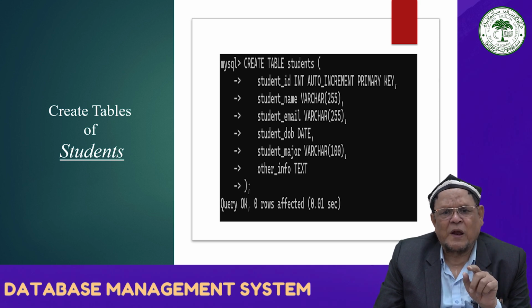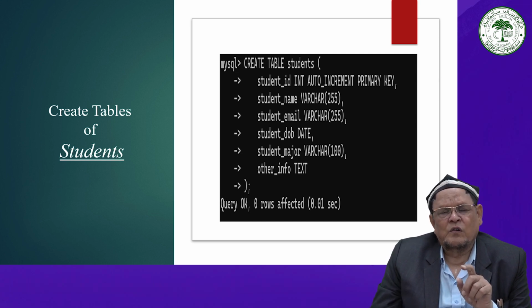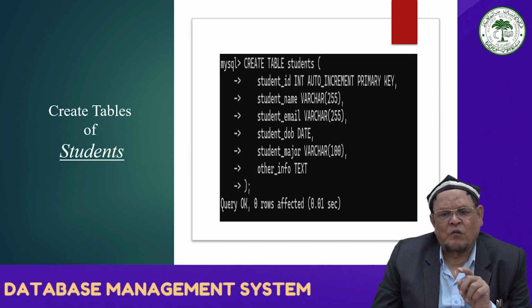Within brackets, you write student ID, integer, auto increment, primary key, comma, student name, varchar 255, comma, student email, varchar within parentheses 255, comma, student date of birth, date, comma, student major, varchar 100, comma, other information, text. Then you close the parenthesis, then a semicolon.